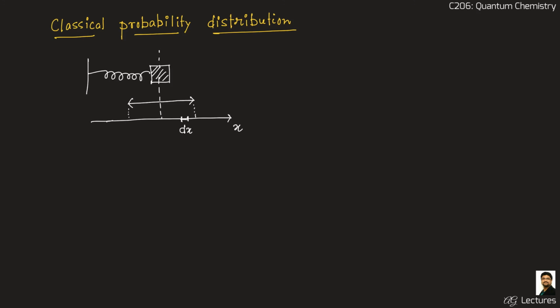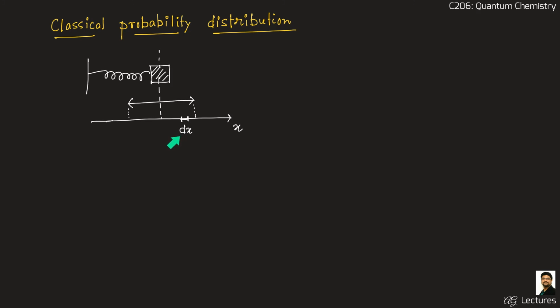The amount of time this object resides in that particular space dx, the probability of finding the particle there is directly proportional to that. So the longer it stays here, the more probable that it will be found there.